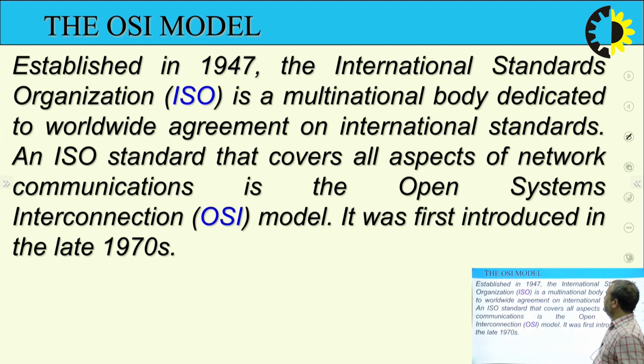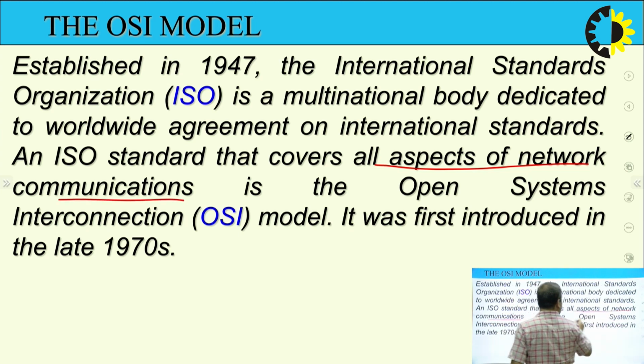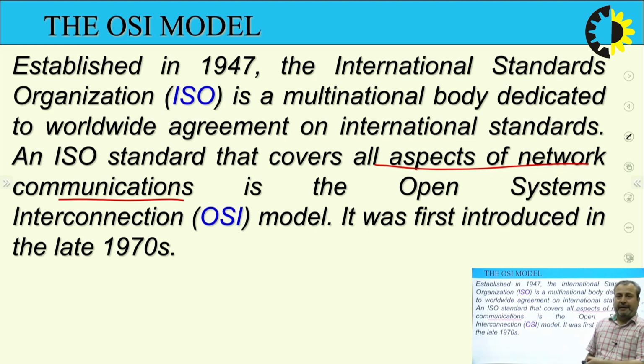The International Standard Organization, ISO, is a multinational body dedicated to worldwide agreement on standards, and an ISO standard that covers all aspects of network communication is the OSI, Open System Interconnection model. It was first introduced in the 1970s.